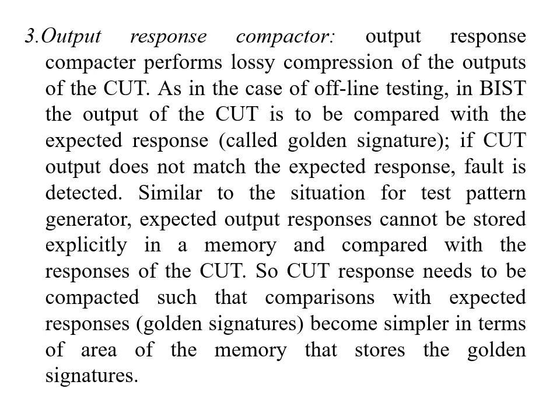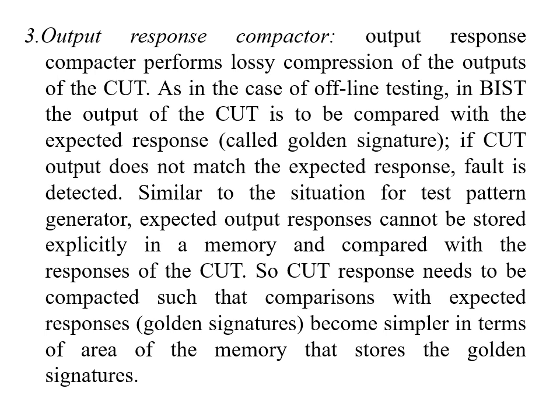Similar to the situation for test pattern generator, the expected output responses cannot be stored in a memory and compared with the response of the circuit under test. So circuit under test response needs to be compacted such that the comparisons with the expected responses, that is the golden signatures, become simpler in terms of area of the memory that stores the golden signatures.